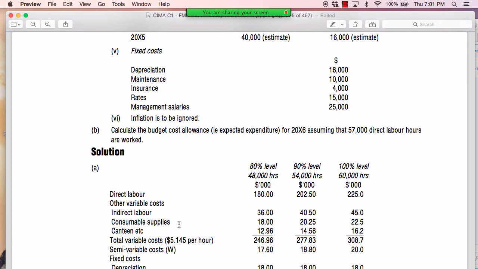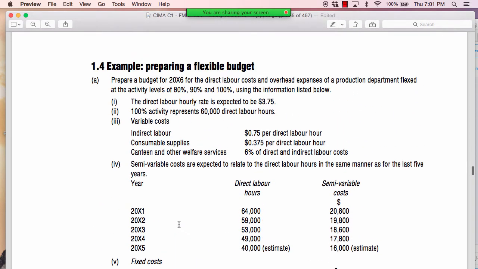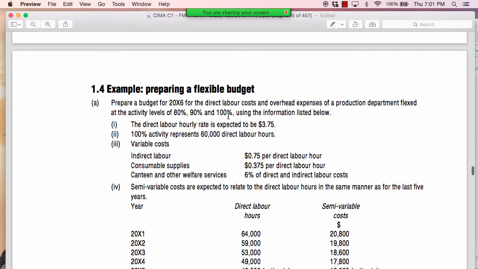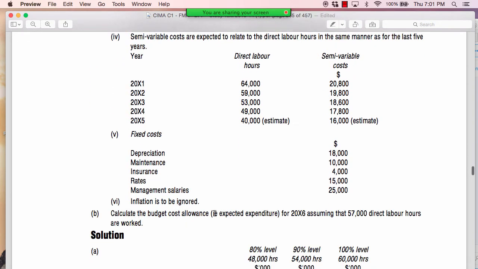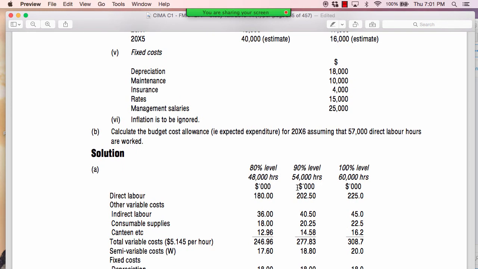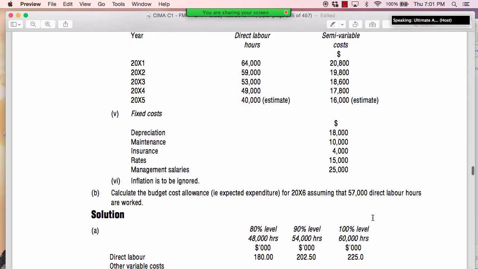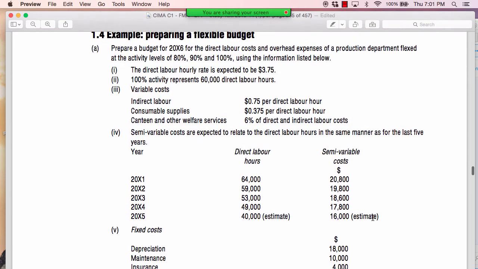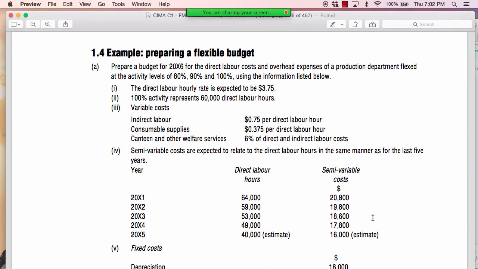Right? 57,000. The first one is you need to prepare 80, 90, 100%. So for 80, 90 and 100%, you just simply work out the number of hours, right? The cost. So how did they arrive at this side, the 225? What do you think?